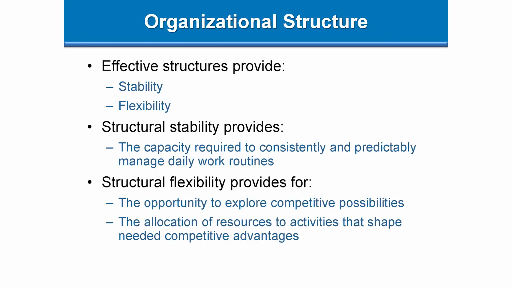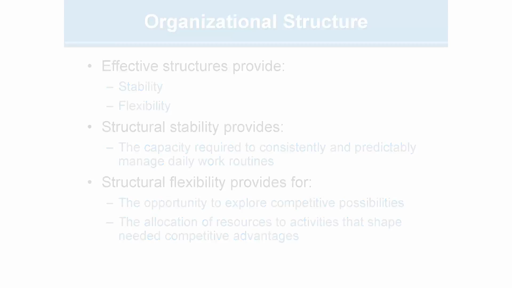If a firm is more stable, the work process and daily routines are consistent and predictable. If a firm is more flexible, managers easily identify the firm's opportunities and allocate the resources to the right activities.